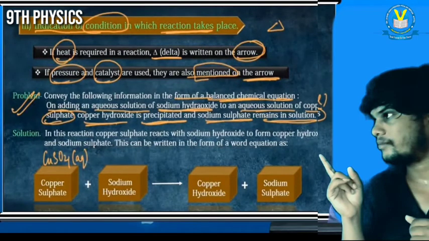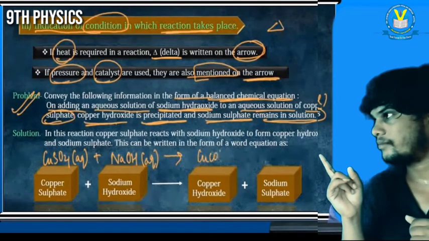Look here, copper sulfate, CuSO4, is an aqueous solution. That's why I mentioned it as aq, plus sodium hydroxide, NaOH. It is also an aqueous solution, that's why I mentioned it as aq.